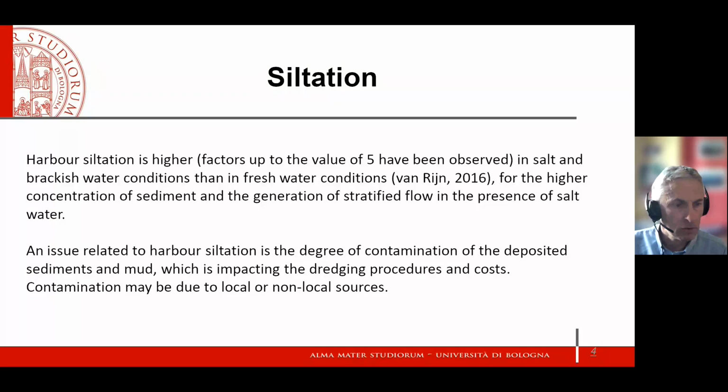An issue related to harbor siltation is the degree of contamination. This is a very huge issue, a very important issue. So the sediments that accumulate over the bottom of the harbor basins are usually contaminated. Why contaminated? Of course, because it's water which is subjected to industrial activities.